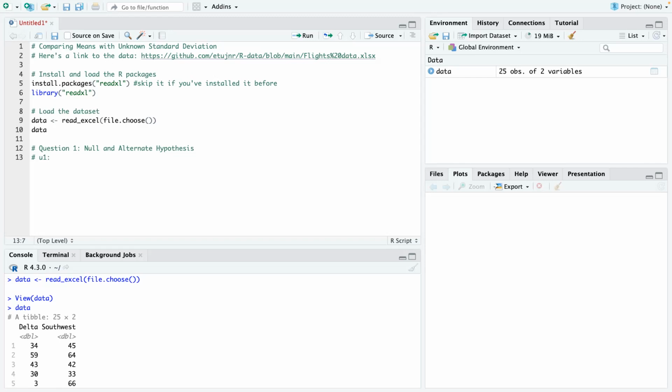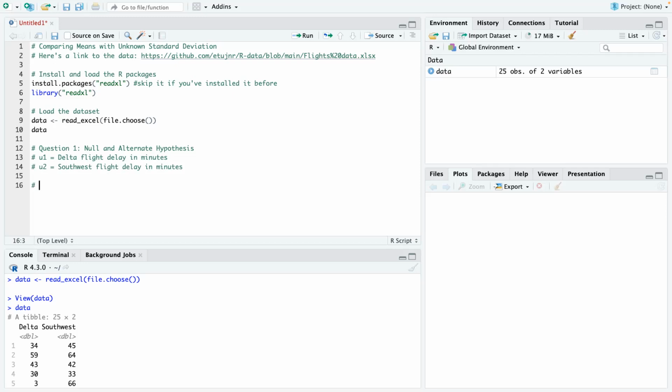So mu1 would be the Delta flight delay in minutes, and mu2 will be the Southwest flight delay in minutes.